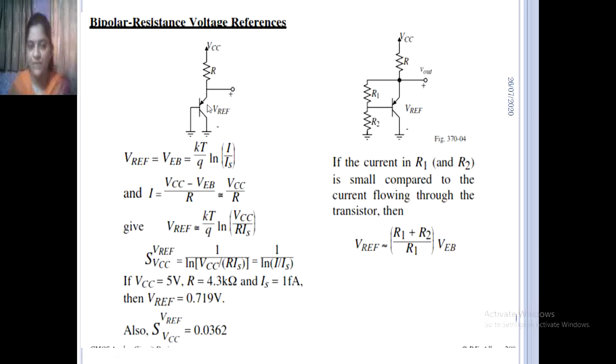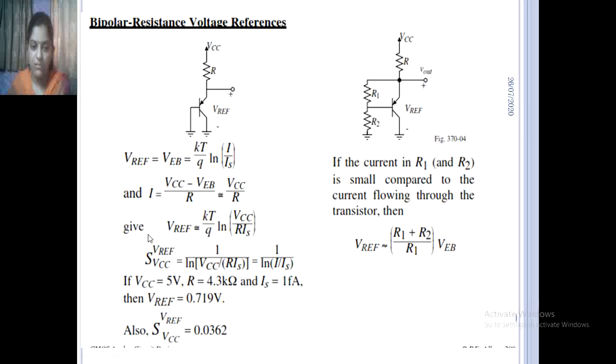Here the base is grounded, and from the collector side the output is taken, which works as the V reference. So V reference is equal to VEB, the emitter voltage with respect to base, which is equal to kT by q times log of I divided by IS, and I is nothing but VCC minus VEB divided by R. So it is nearly equal to VCC divided by R.